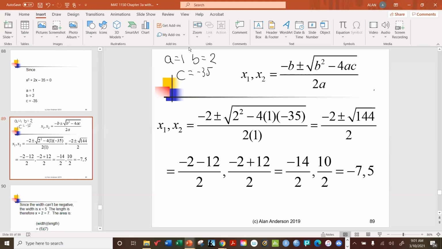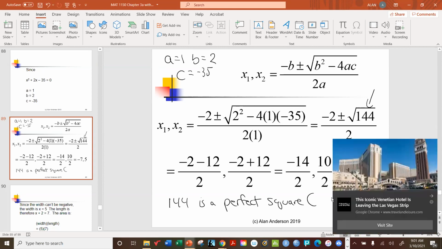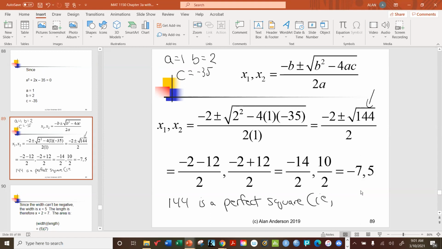And we discover, ooh, we're very happy because the value underneath the square root sign is itself a perfect square. 144 is a perfect square. And all that means is that its square root is an integer. And so we end up with a couple of integers for our solutions, -7 and 5.